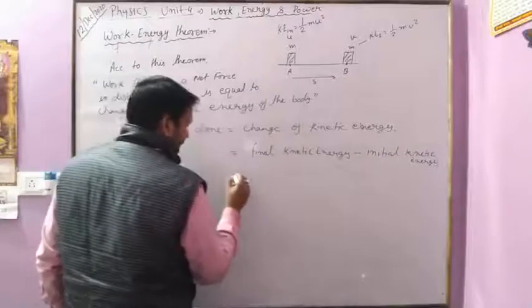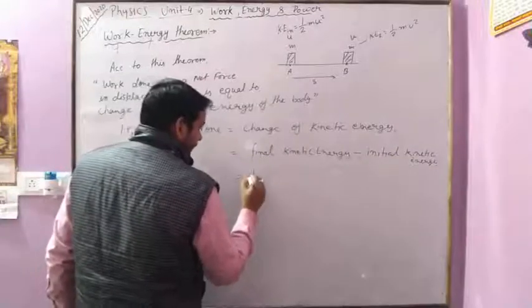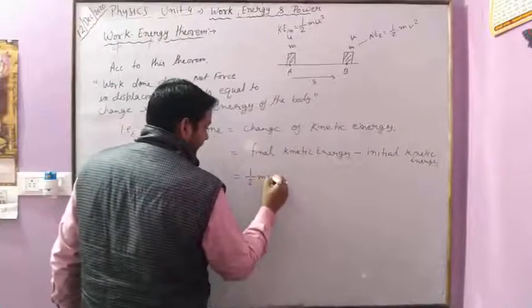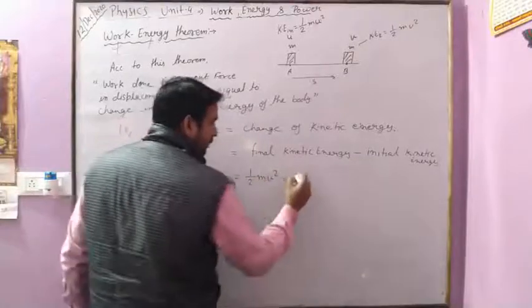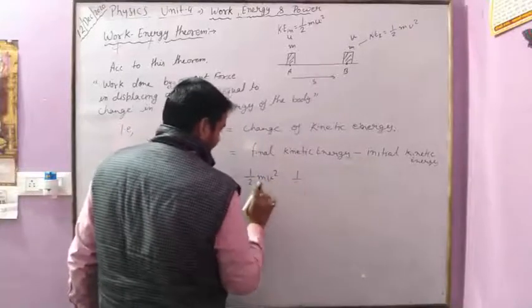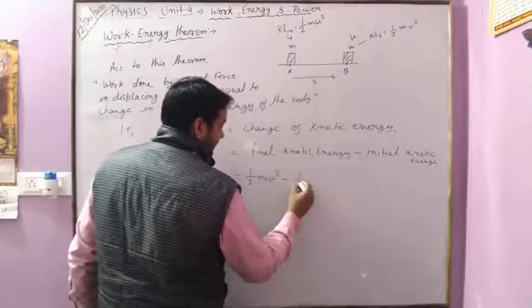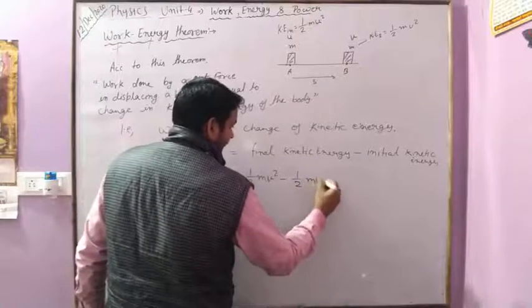That means half mv square minus half mu square.